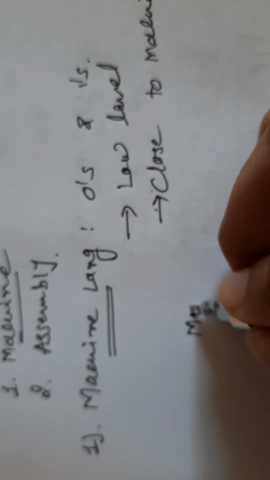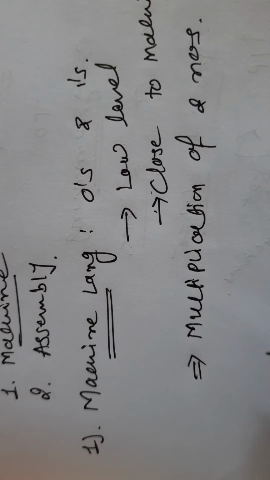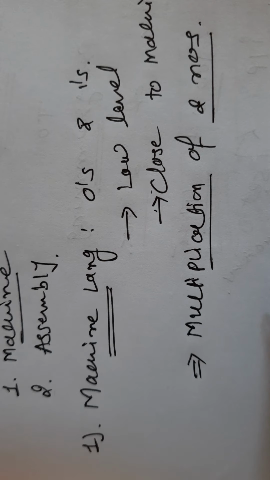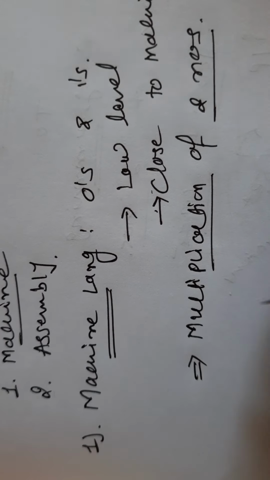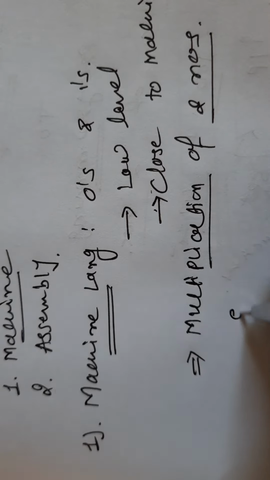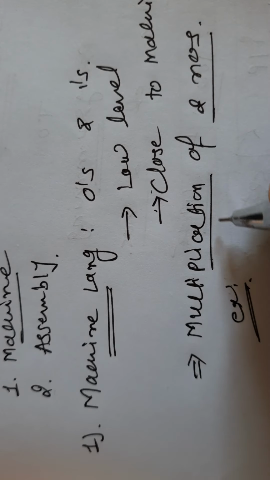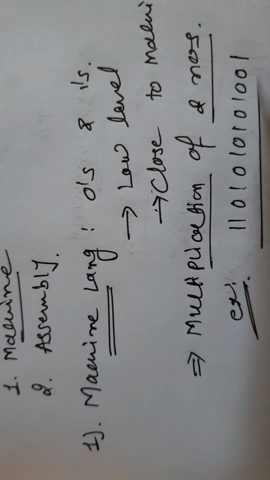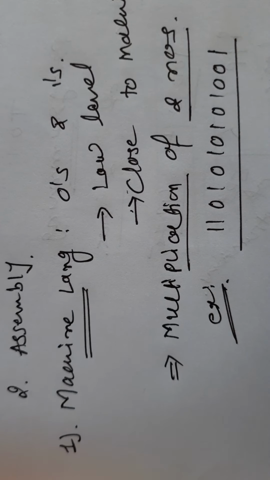I want to perform multiplication of two numbers. In machine language, how can we perform that? Just to perform this multiplication, we have to write a bunch of zeros and ones. Here we are just assuming this is the code for the multiplication of two numbers.